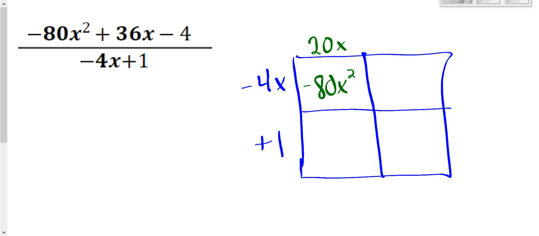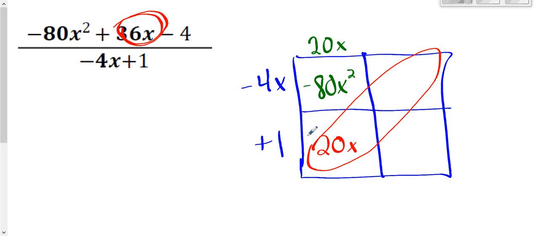Okay, and then I can go ahead and see that 20x times 1 would give me 20x. And I know that these two boxes combined are going to create this middle term here, my 36x.